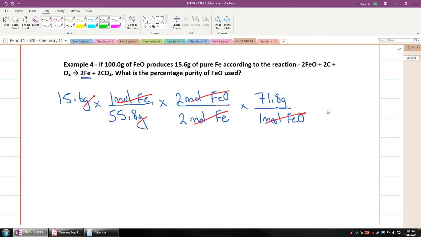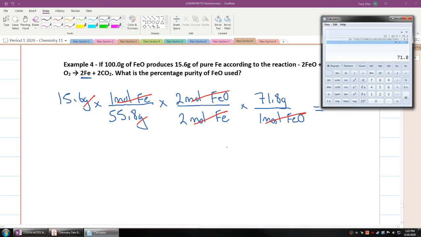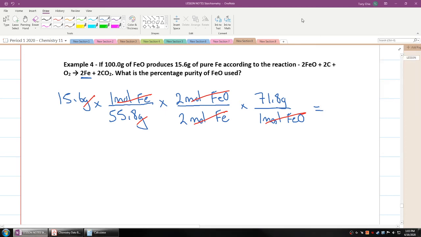So I'm going to find the mass of my FeO that is actually, in this case, my pure. So 15.6 divided by 55.8 times 71.8, I'm going to get 20.07 grams.